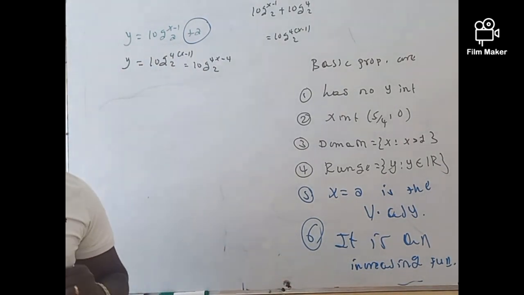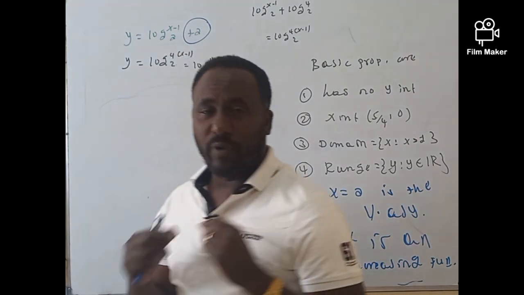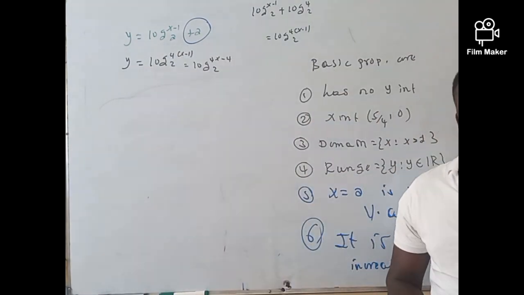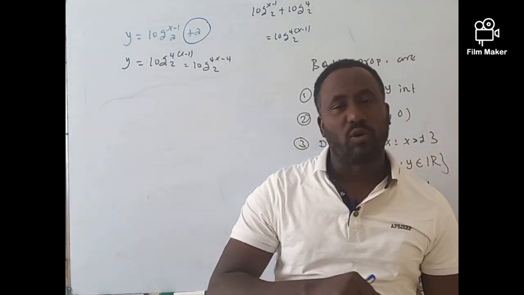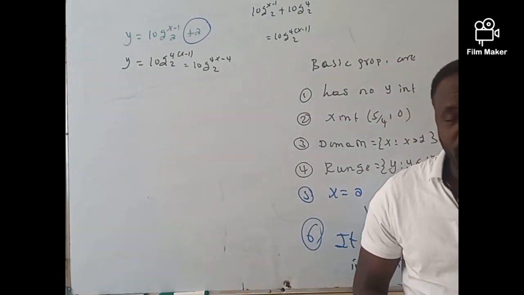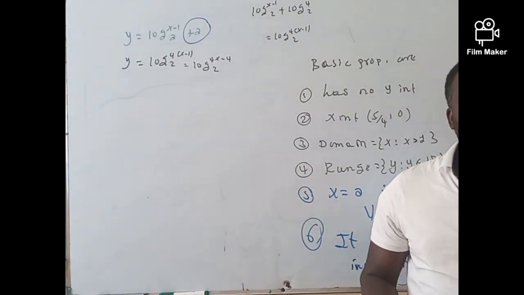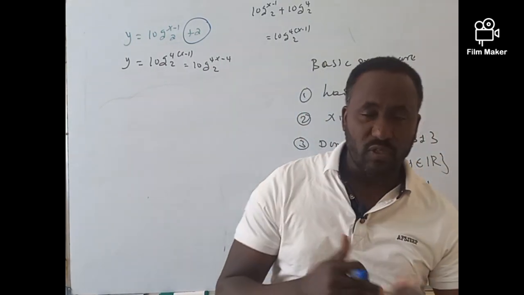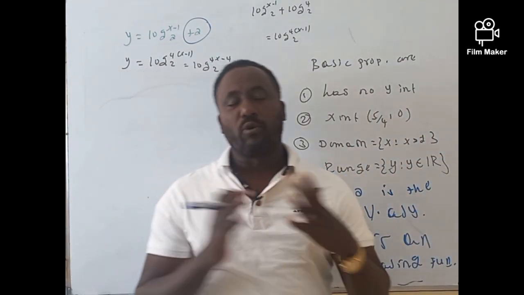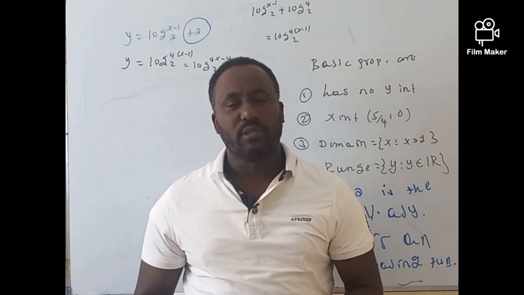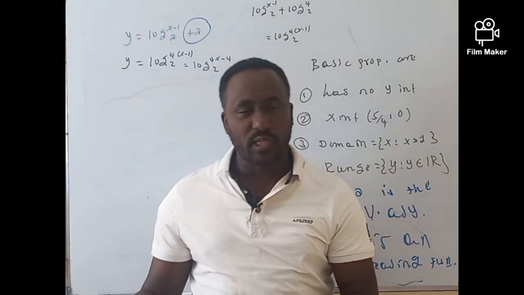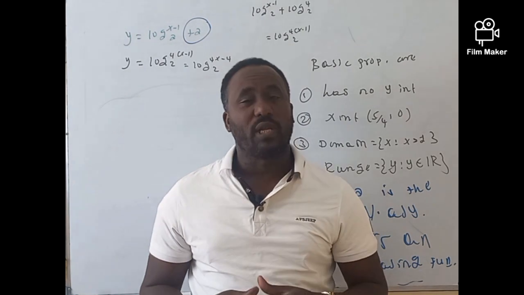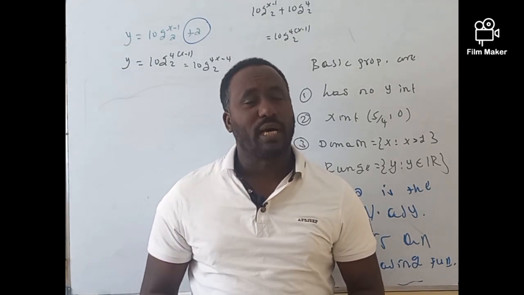Because every logarithm is an inverse of an exponential, the base of the exponential will be the base of the logarithm. They always have the same base.